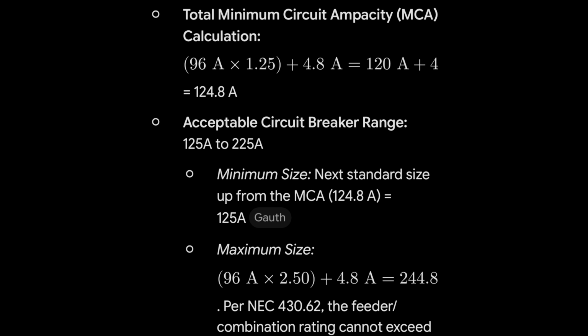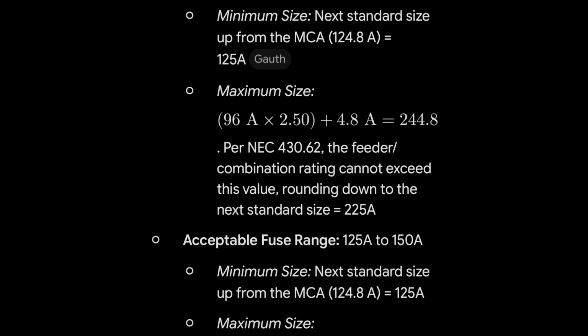So, circuit breaker range. Minimum size is just above our minimum circuit ampacity, which is 125 amps. You put a 125 amp circuit breaker on a 75 horsepower compressor, I will slap you, but it is legal. For our maximum size, once again, we take the largest motor FLC times 2.5, then we add the smaller motor on top, we come up with 244.8.